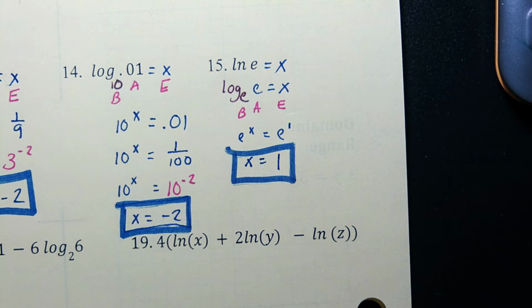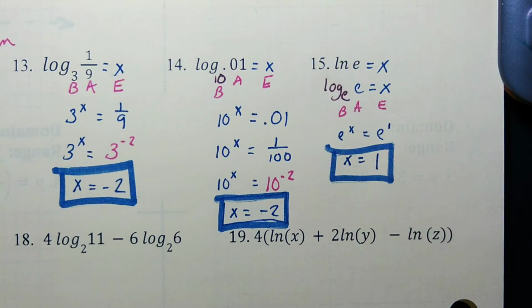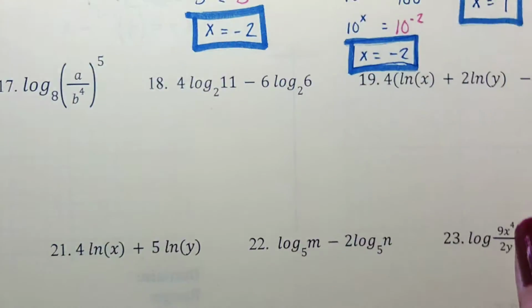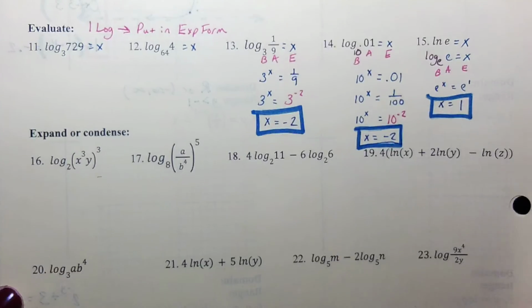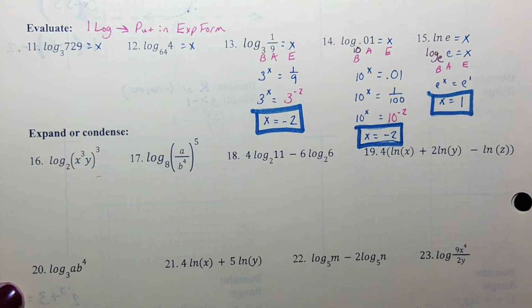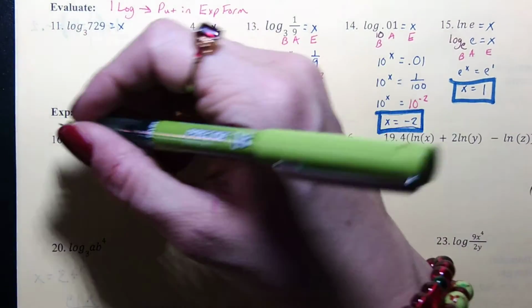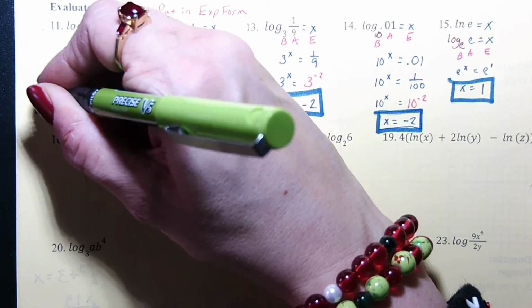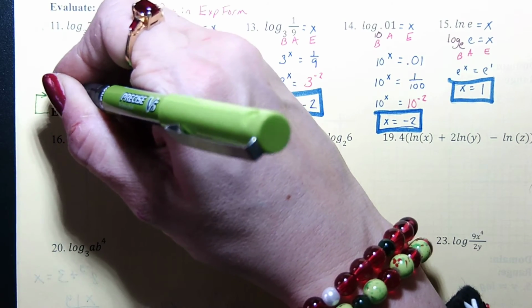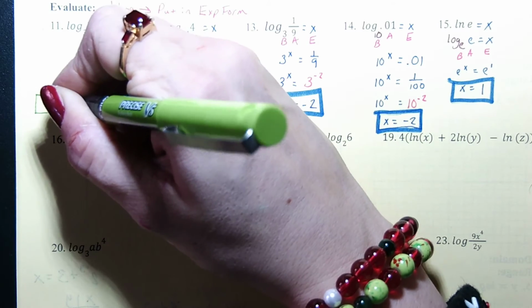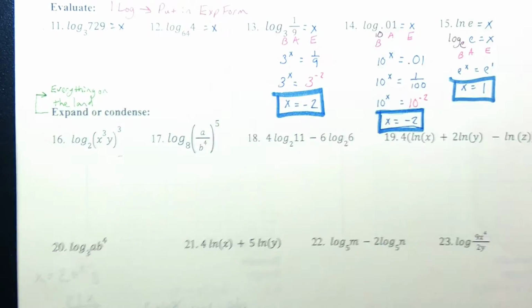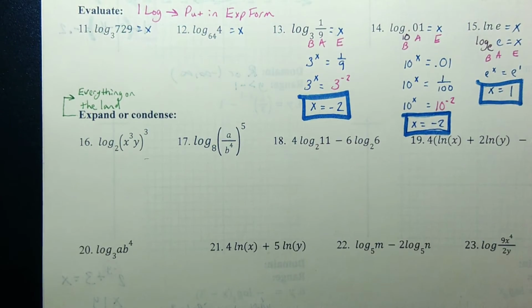Alrighty. Expanding and condensing. Make sure you know these rules because, again, this part of the test can either go super right or super wrong. My strategy for remembering what we're trying to do on these problems is: expand everything on the land.